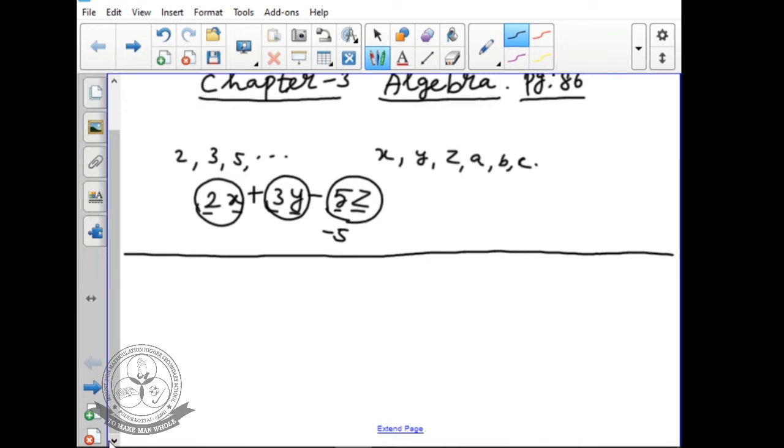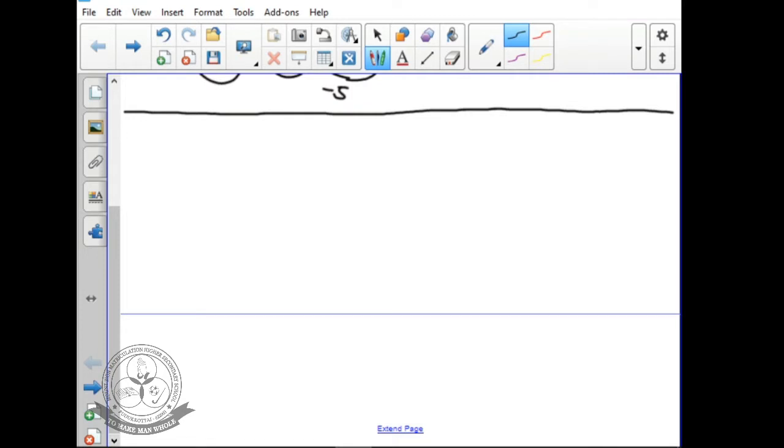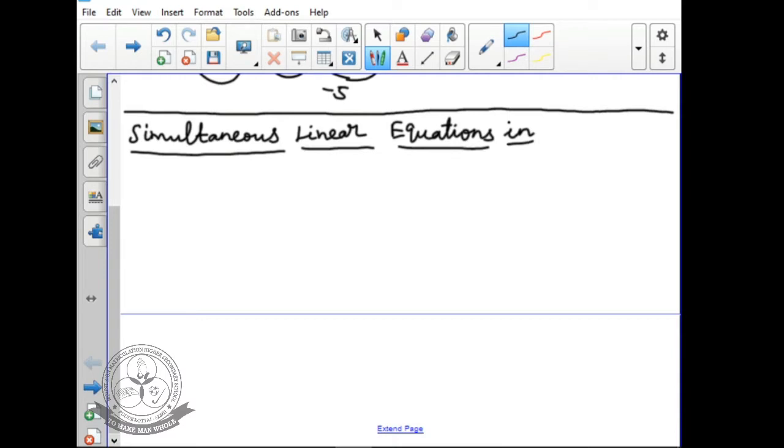Next, we are going to see simultaneous linear equations in two variables.